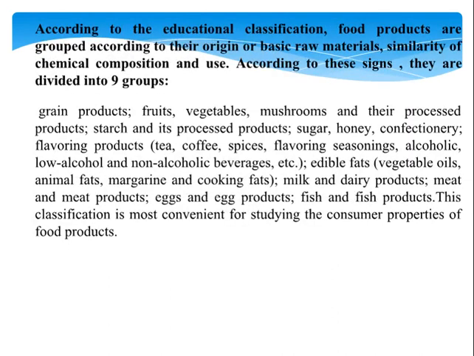According to the educational classification, food products are grouped according to their origin or basic raw materials, similarity of chemical composition and use.